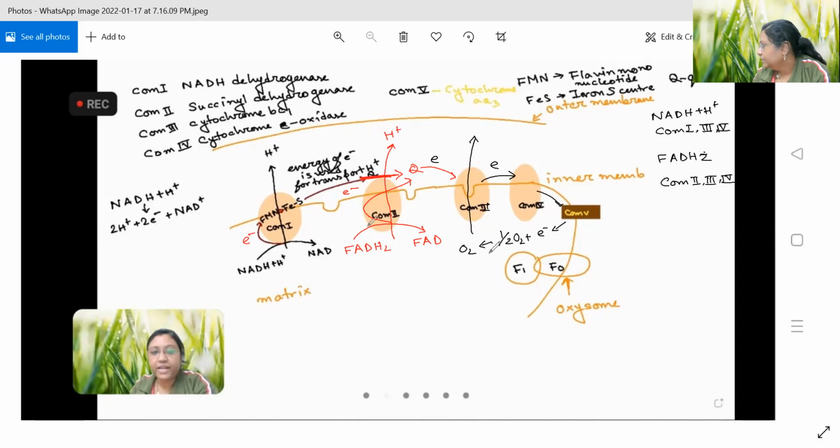Okay. So this is the way the final electron acceptor is O2.